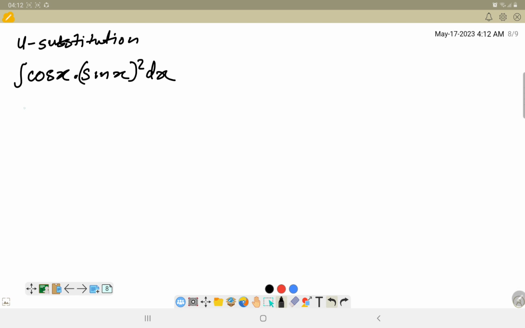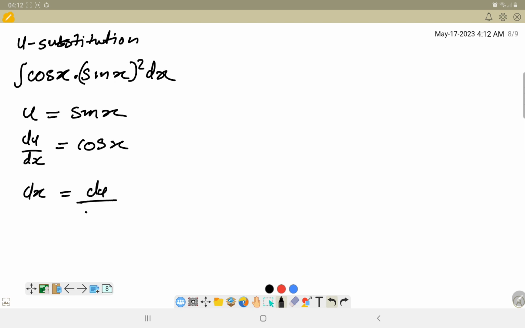So when we apply u substitution, we can let u be sine x, then du over dx. When we differentiate the sine, we get cos x. When we make dx the subject of the formula, we get du over cos x.